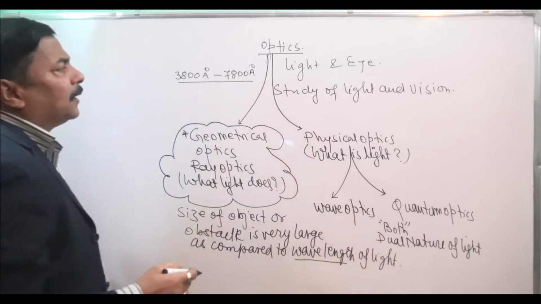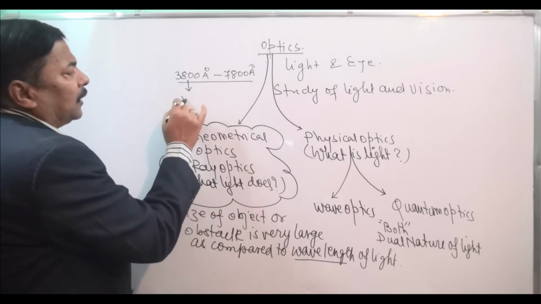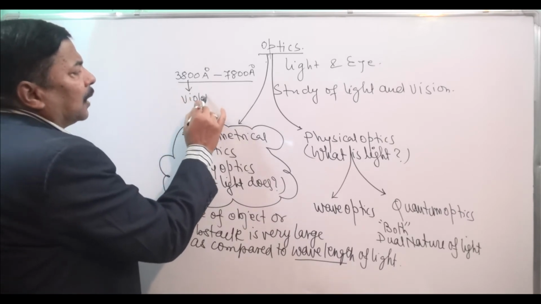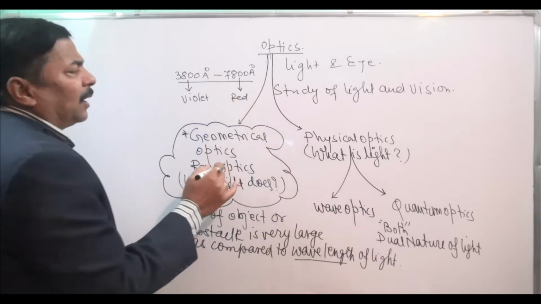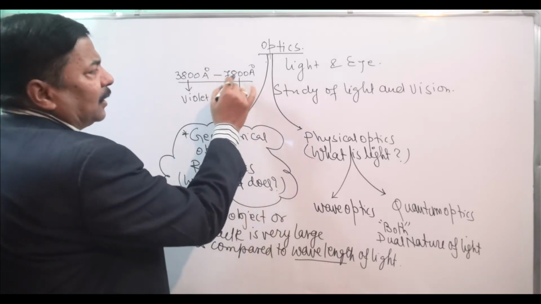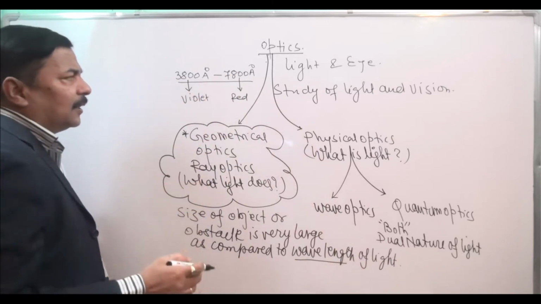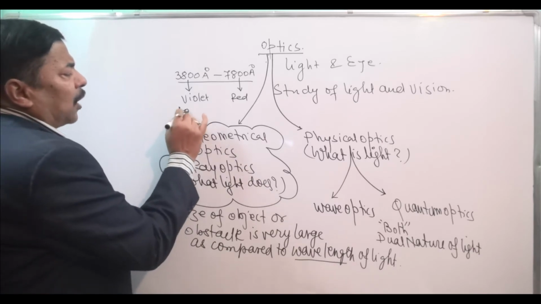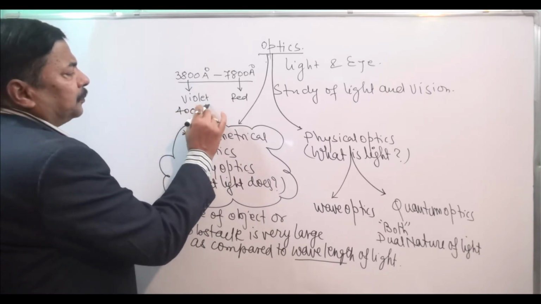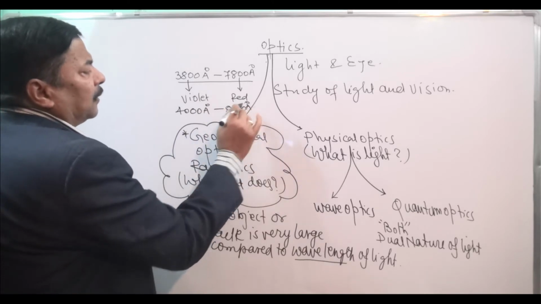Approximately this is the region, and this tells about your violet and this tells about your red. Wavelength of red is nearly 7800 angstrom, and wavelength of violet is nearly 3800 angstrom. Roughly you can take 4000 angstrom to 8000 angstrom.